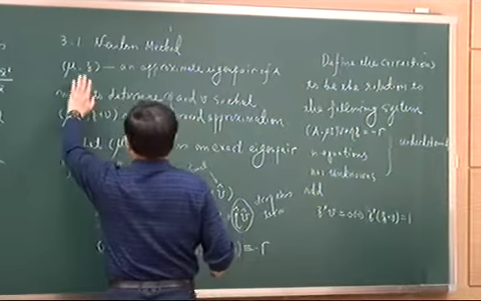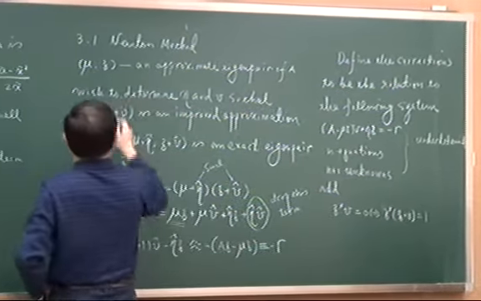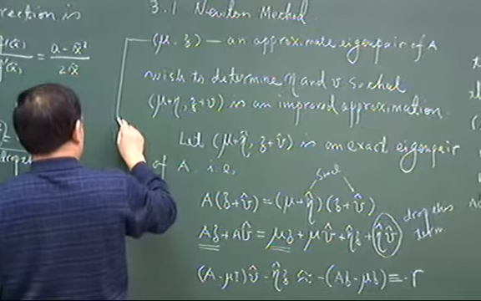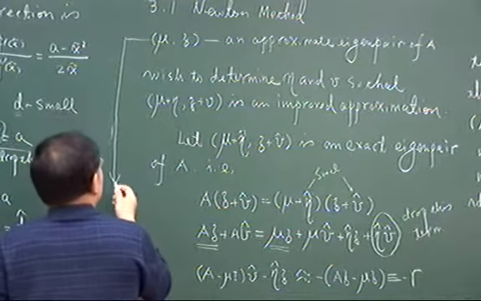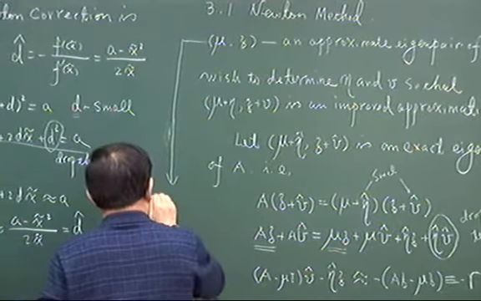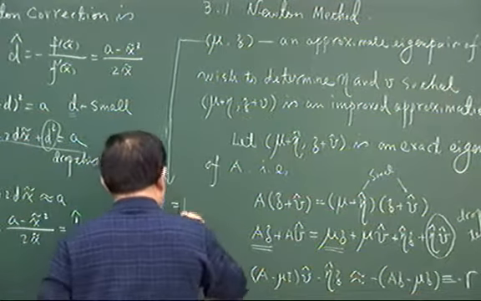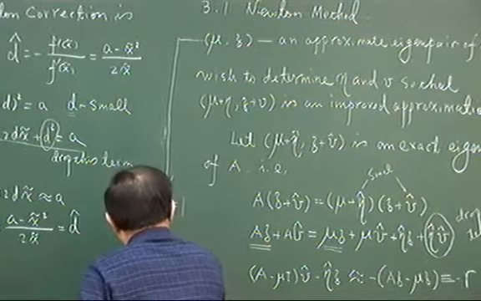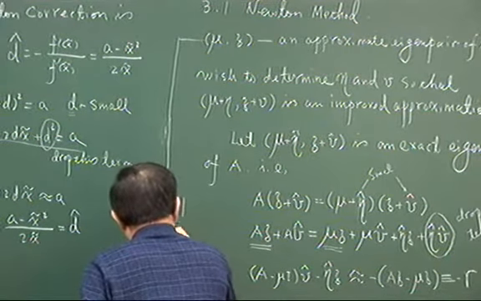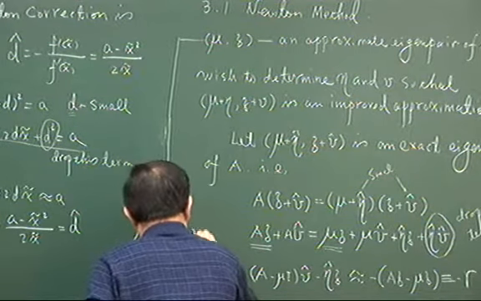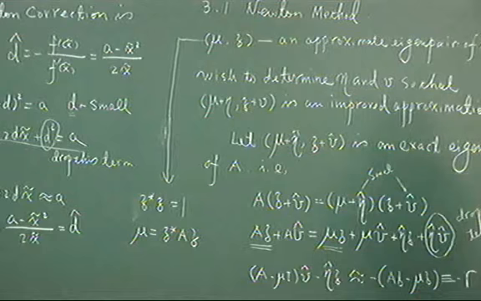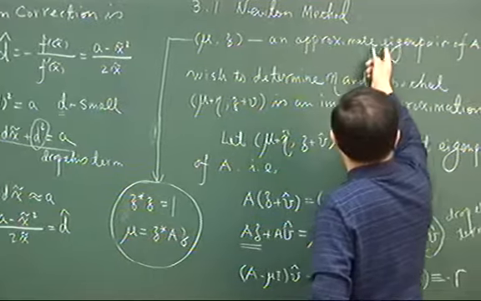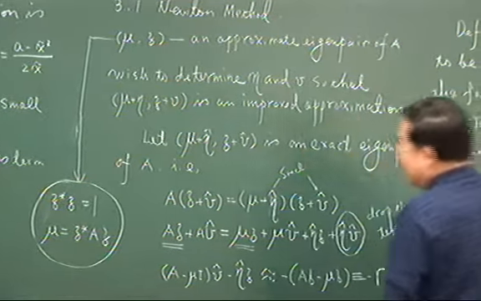Sorry, here we must make some assumption first. We assume that z is a unit vector, length is just 1. Then mu is just equal to the Rayleigh quotient. The approximate eigenpair satisfies this condition.